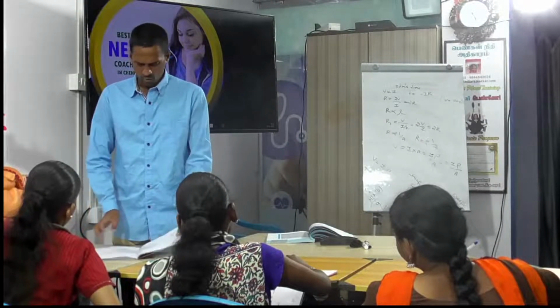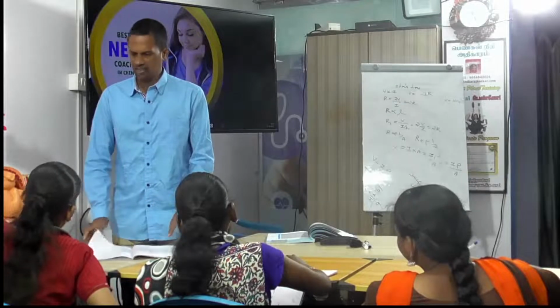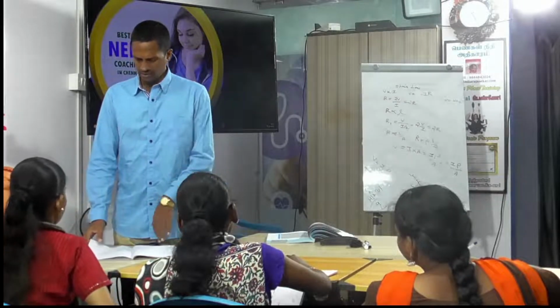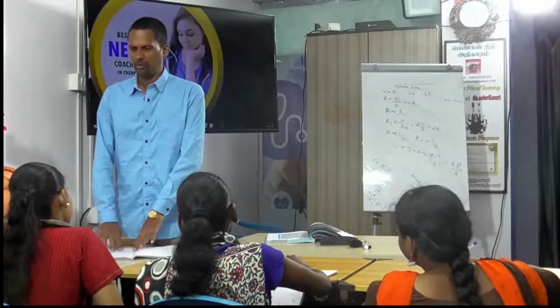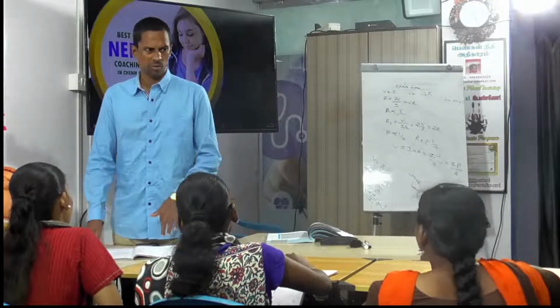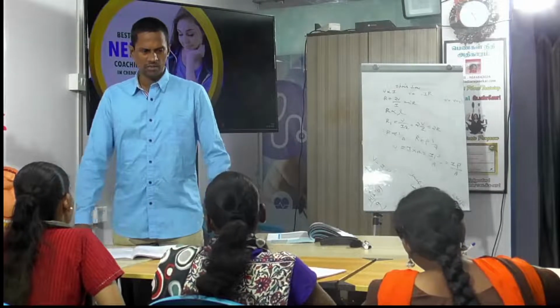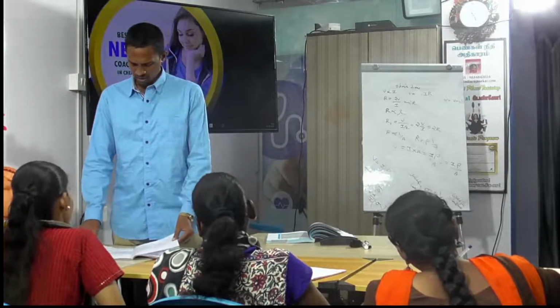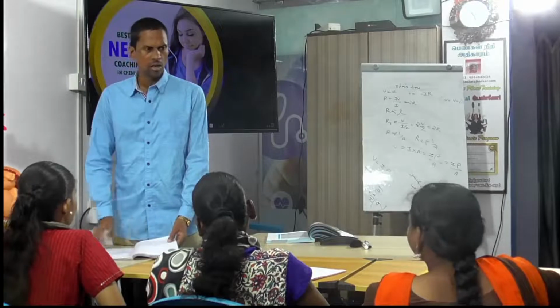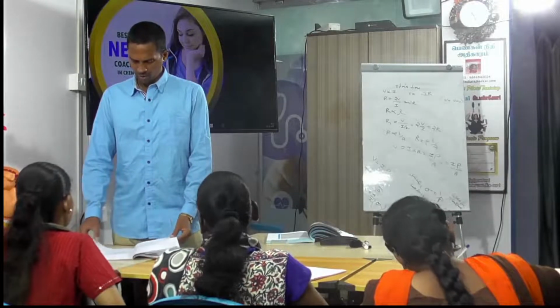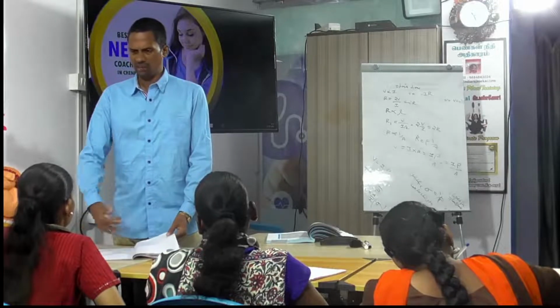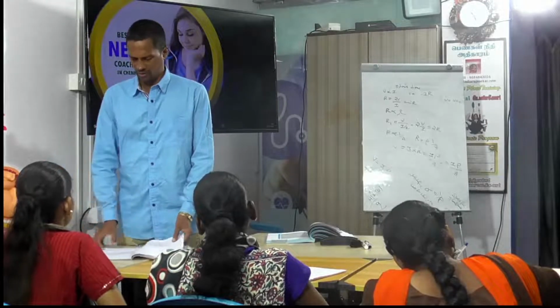I don't want biology, physics and chemistry kept together. I want to give everything separately, because otherwise you will be confused. That's why I told you to keep separate notebooks for plus one and plus two. Everybody keep a separate notebook for each: separate physics, separate biology, separate chemistry.